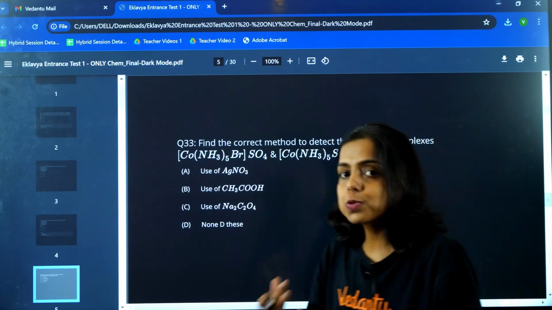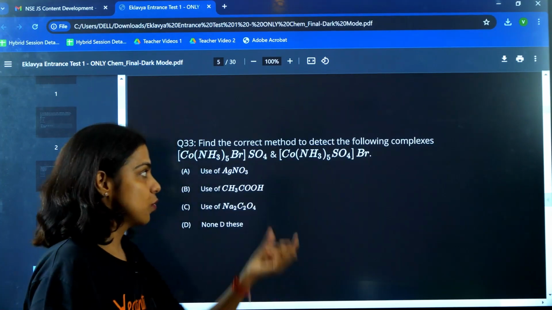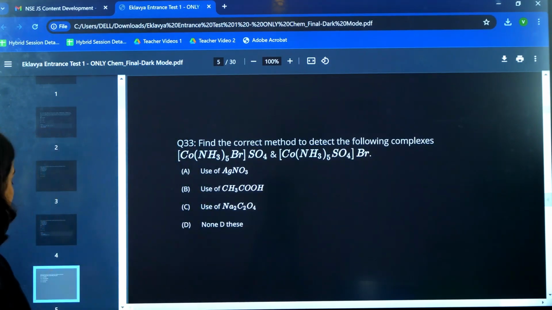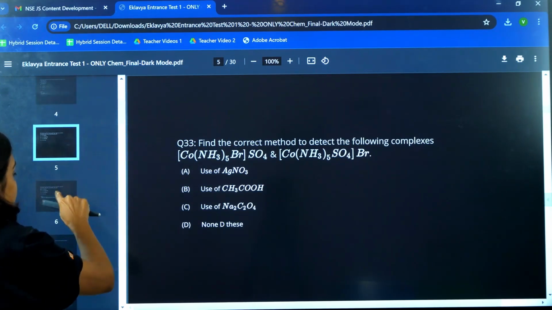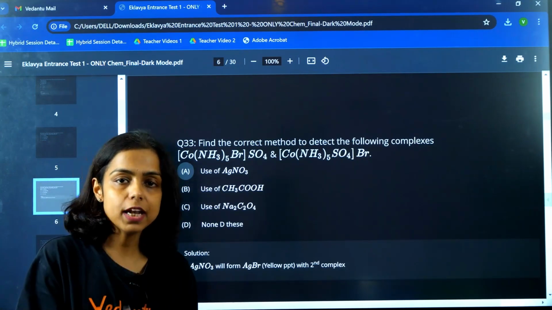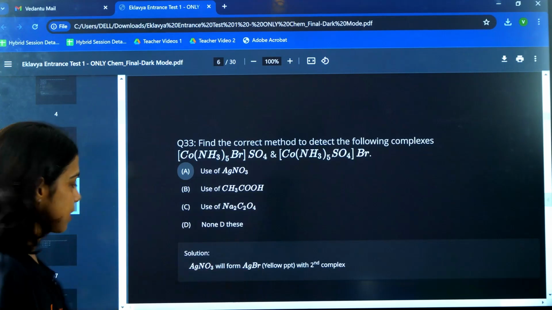By looking at those precipitates of AgBr, I'm sure you can detect which complex has bromide ion outside the coordination sphere. Again, an easy question, right? Basic fundamental. So AgNO3 will form yellow precipitates of AgBr with the second complex, right?